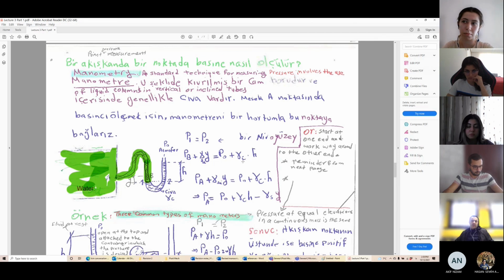Therefore, I wrote gamma C times H, this H, the height of mercury above point 2.